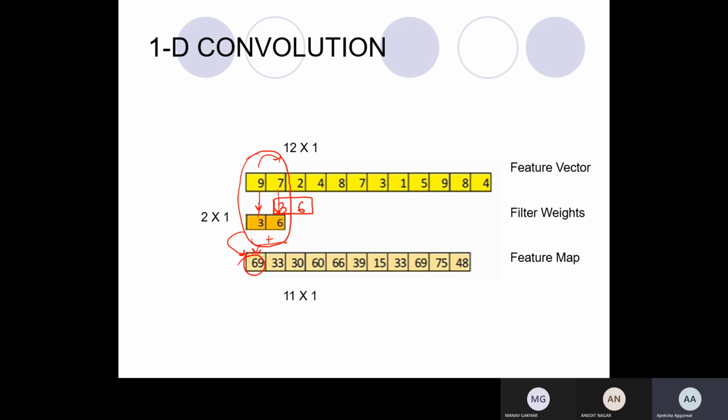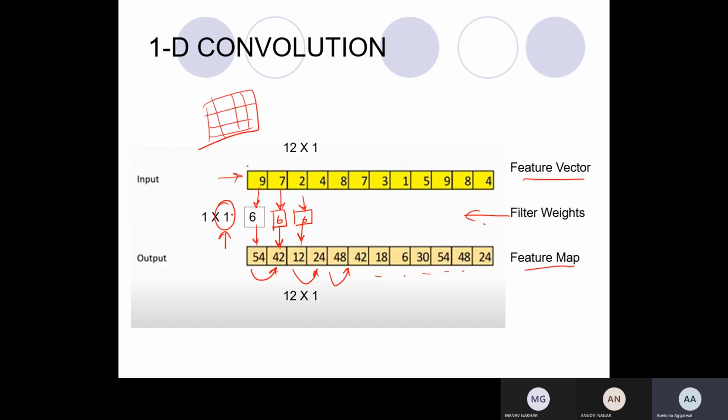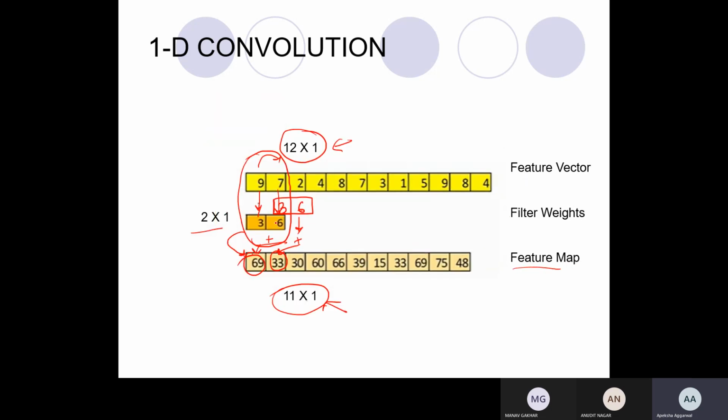You multiply 7 by 3, you multiply 2 by 6, you add them, and you get 33 as your output. Because the filter size is 2 cross 1 and the input was 12 cross 1, you can see the dimension of the output feature map is reduced from 12 cross 1 to 11 cross 1. Earlier it was the same because the filter size was 1, but right now it is reduced.